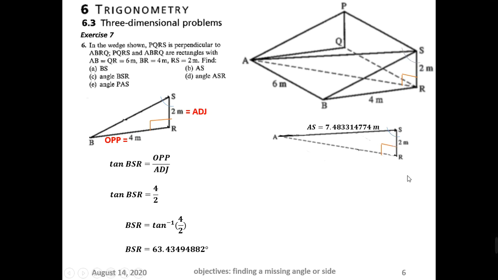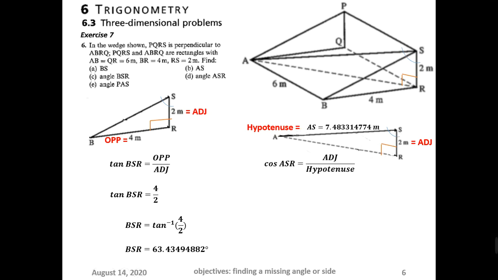As per the unknown angle, the 2 meter is the adjacent side and the 7.48 is the hypotenuse because it is right across the right angle. Since the adjacent and the hypotenuse are known, then we are going to use the cosine rule.